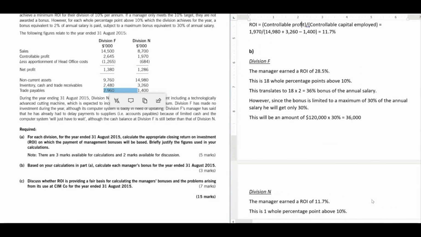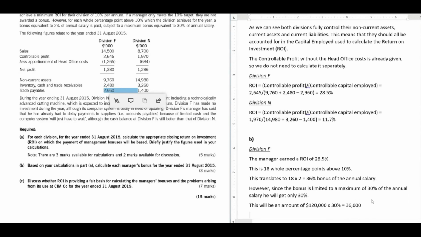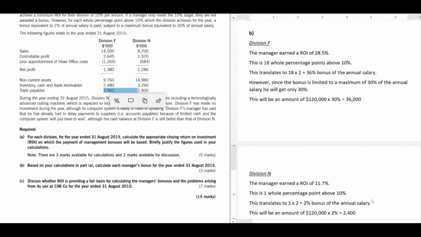So let's just sum up basically what we've covered. We did the calculation, controllable profit over controllable capital employed, by justifying what should be included in the calculation, basically those things that are under the manager's controls. We did the bonus calculation where the trick was that it's based on whole percentage points, so we had to ignore the decimal points, and we had to consider the maximum limit of 30% of salary.